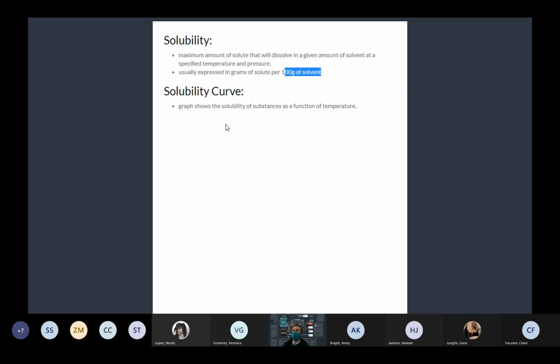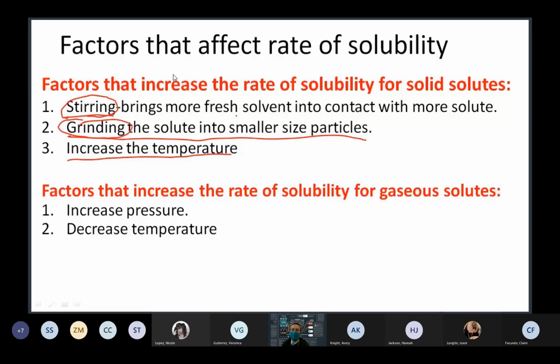And it changes the math when we're dealing with the different units. We're not going to be doing much math today, but we will do more in the coming days. But just be careful about your units. If you have solid solutes, in order to dissolve better, you want to stir your substance or grind your solute into smaller particles.